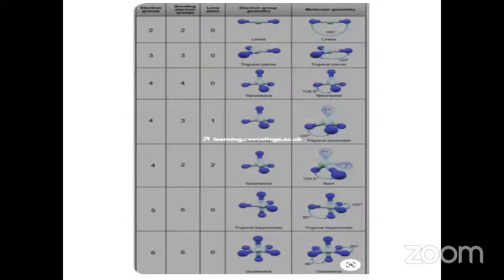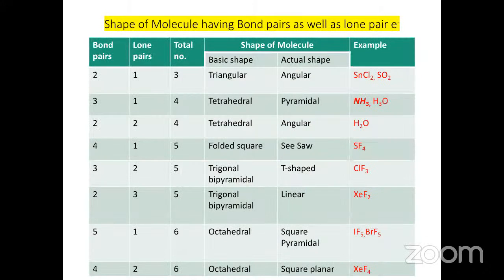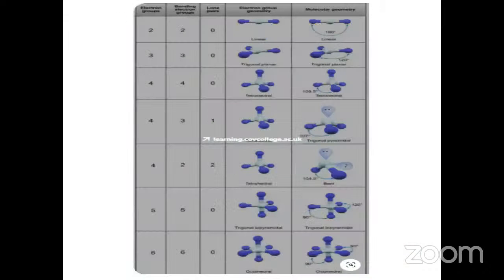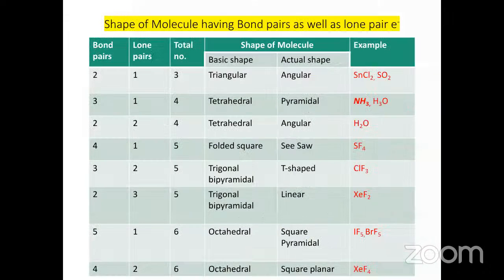So what we learned today: we learned the difference between the ionic bond, covalent bond and coordinate bond, and also we discussed the hydrogen bond and types of hydrogen bonds, and we discussed the VBT, valence bond theory. Valence bond theory you already learned in 10th class.